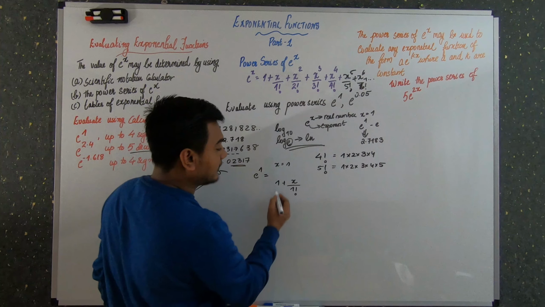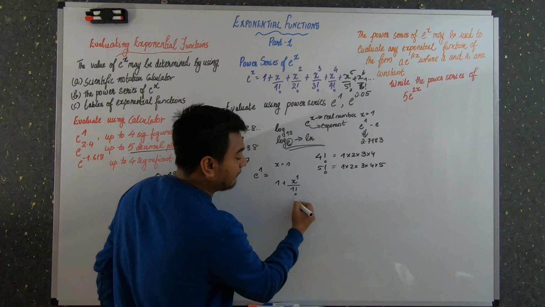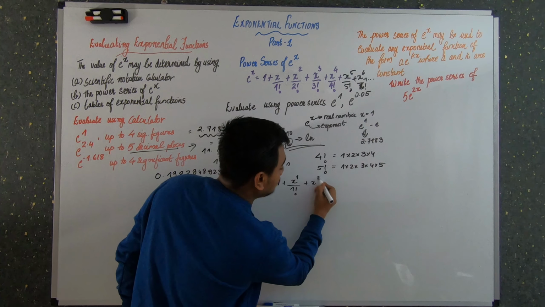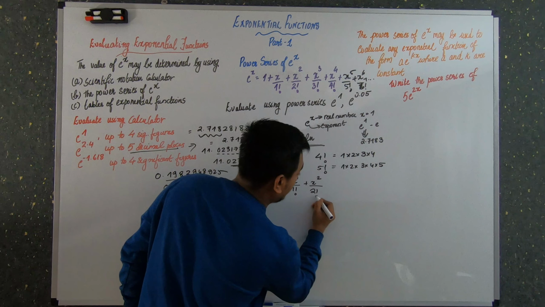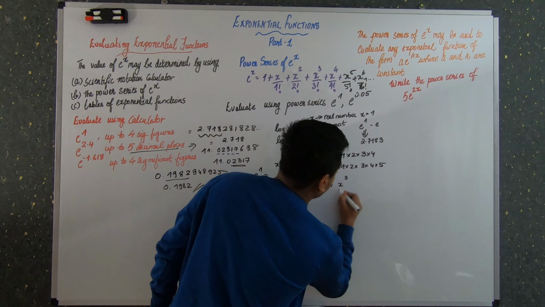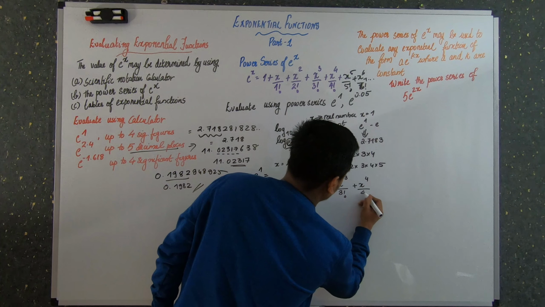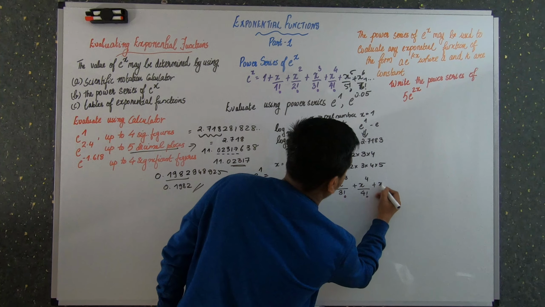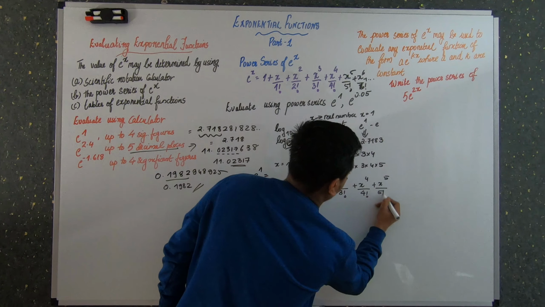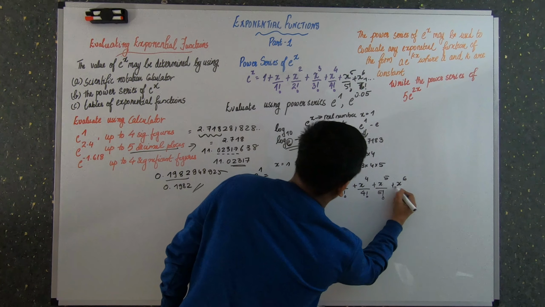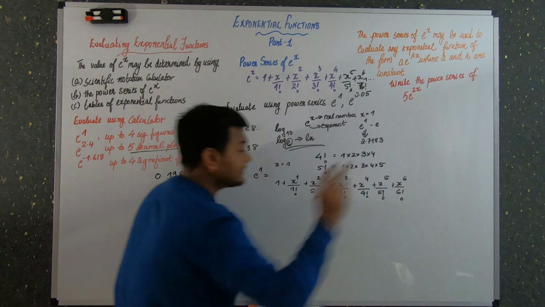This formula, because it is 1 plus x raised to 1 by 1 factorial, plus x raised to 2 by 2 factorial, plus x raised to 3 by 3 factorial, plus x raised to 4 by 4 factorial, x raised to 5 by 5 factorial, plus x raised to 6 by 6 factorial, and so on.